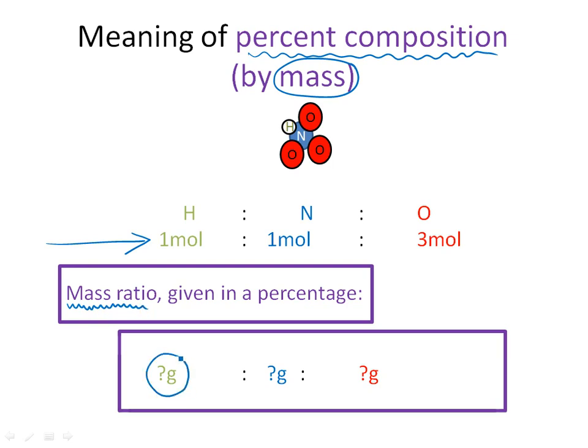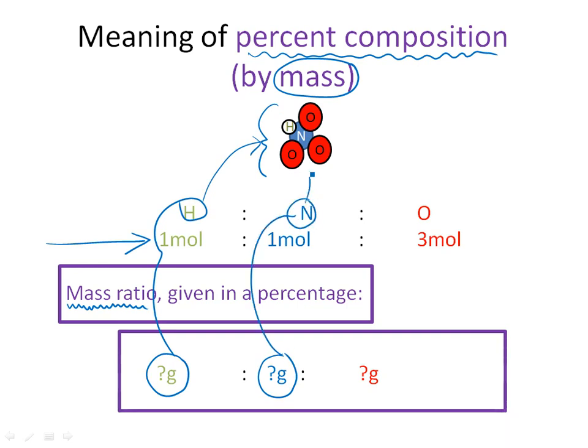How many grams of hydrogen are found in every molecule in comparison to how many grams of nitrogen, in comparison to how many grams of oxygen, and then we must express that as a percentage.